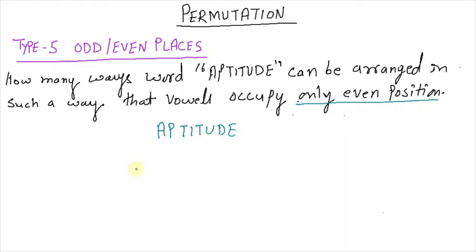Number of places we have is 8. Just number them: 1, 2, 3, 4, 5, 6, 7, 8. The vowels we have are A, I, U and E.